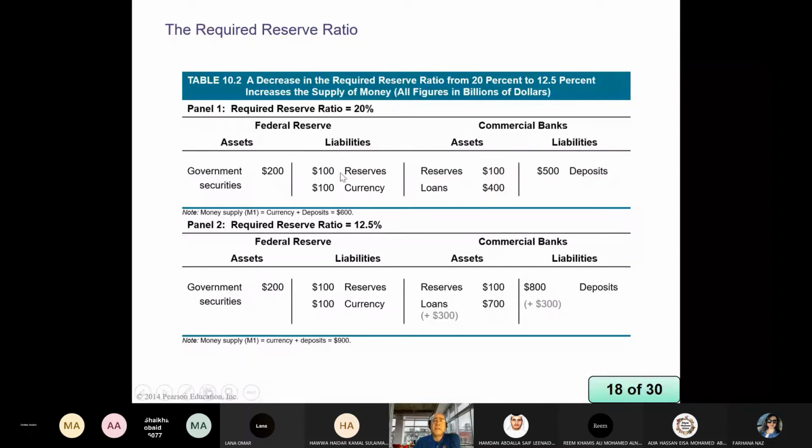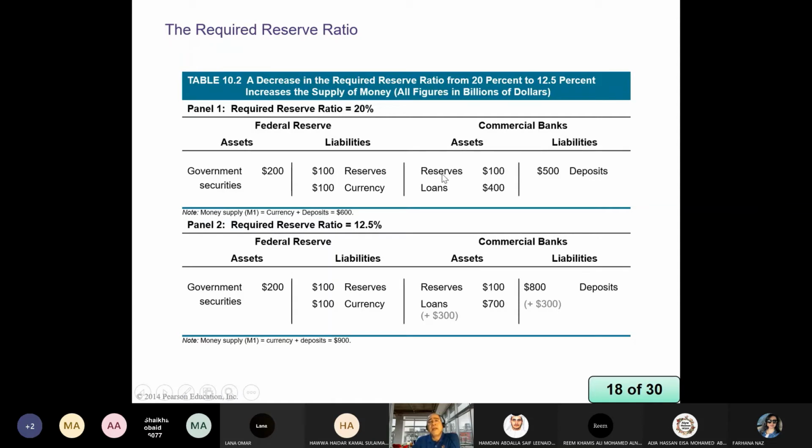So 100 reserves, these are deposits from the commercial banks in the central bank. And currency in circulation: the general public holds cash worth 100. Since the central bank printed this paper, we as the general public hold value owed by the central bank. Okay, let's see here.